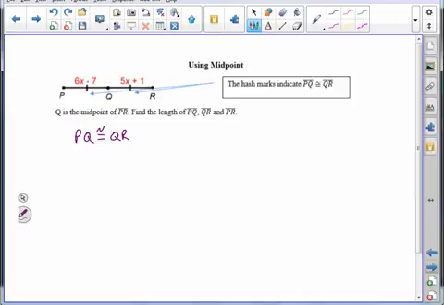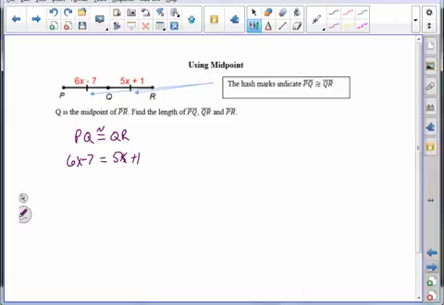And so at this point, again, we're pretty much done with the geometry. And now we're going to just substitute the algebraic expressions for each measure of the segment. So I say 6x minus 7 must be equal to the other expression, 5x plus 1. And now we can solve like normal.